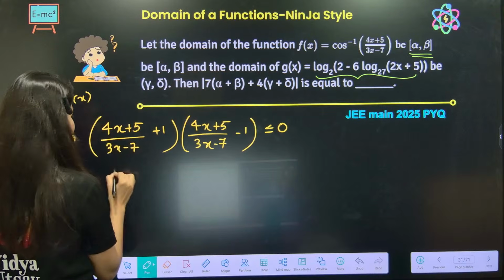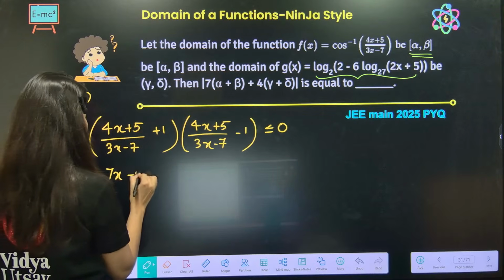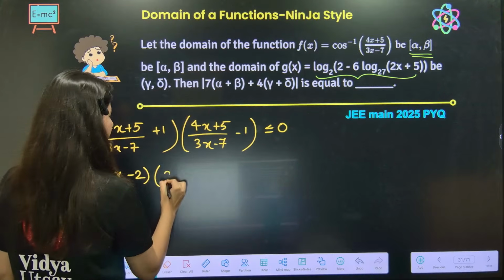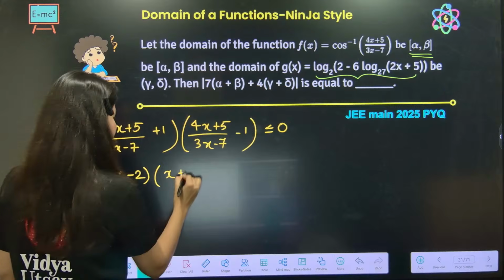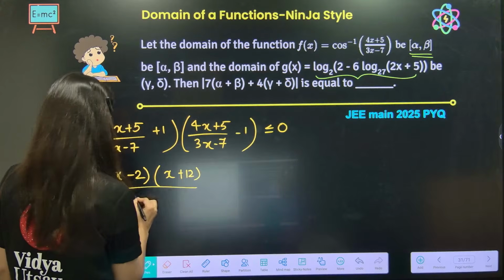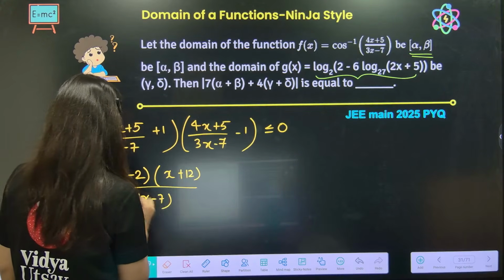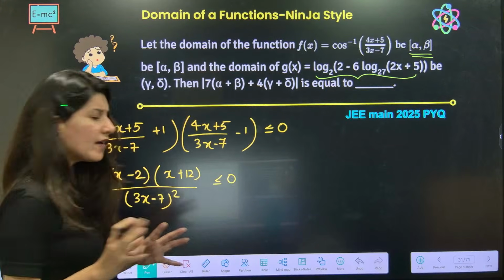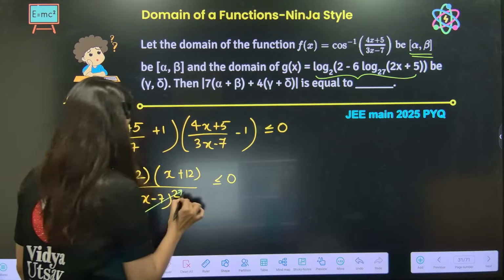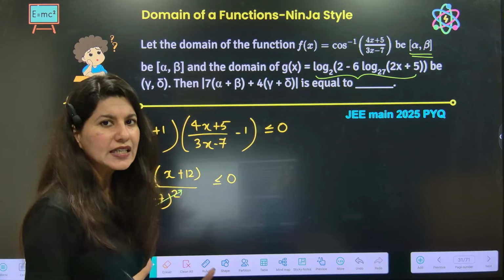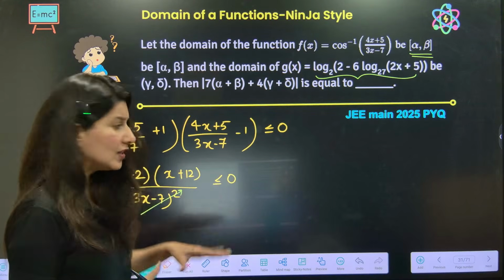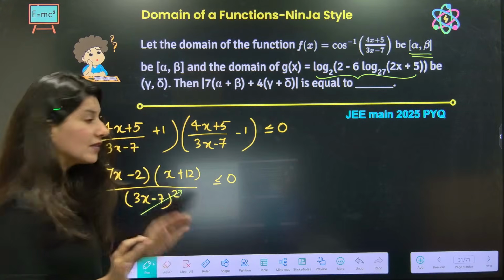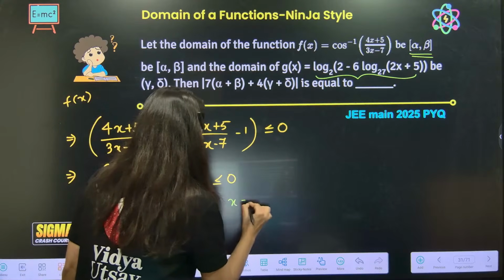So 4x plus 3x is 7x minus 2, and over here 4 minus 3 is 1, 5 plus x is x plus 12, in the denominator (3x minus 7) whole square, less than or equal to 0. The squared quantity has a little say in the method of intervals. Square is always positive; just make sure that x is never 7 by 3.